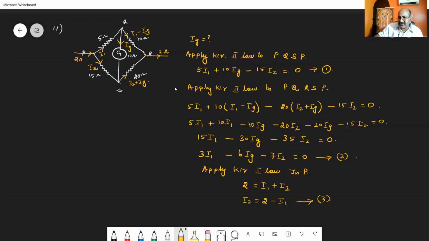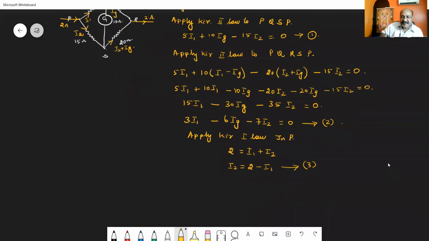Take equation 3 and substitute in equation number 1. So I get 5I1 plus 10Ig minus 15I2, and instead of I2, I write 2 minus I1, equal to 0.